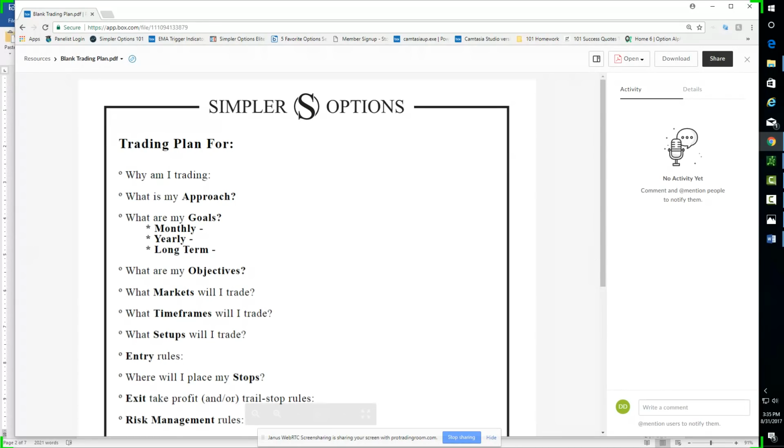So how many of you guys have a written trading plan? Well, either way, if you have one or if you don't have one, it is definitely recommended to write it down and really just hone it over the years.